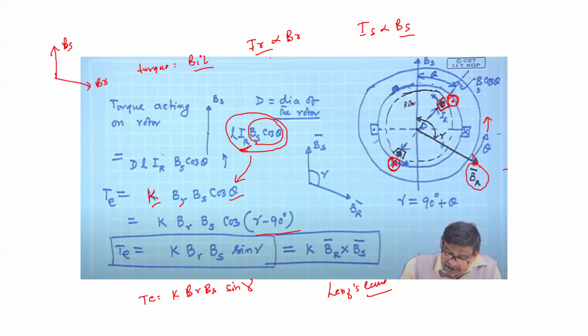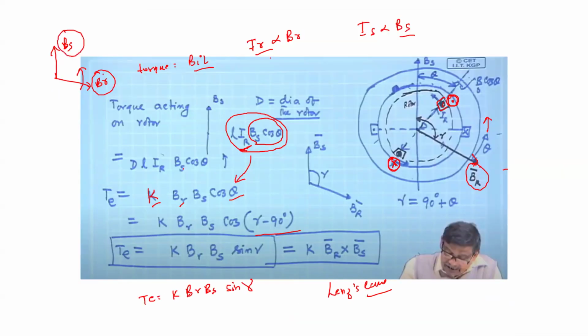Now, what is BR trying to do? It is trying to move at the same speed as BS. So this rotating magnetic field of BR also rotates at the same speed as the rotating magnetic field of the stator.